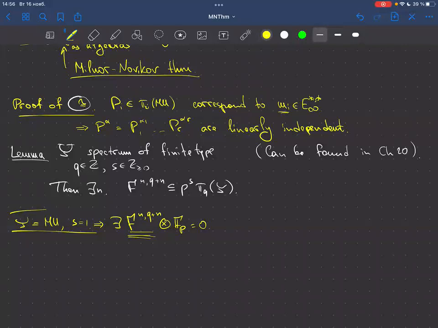Therefore we have a map from this term of the filtration to the infinity page, which sends p^alpha to m^alpha.